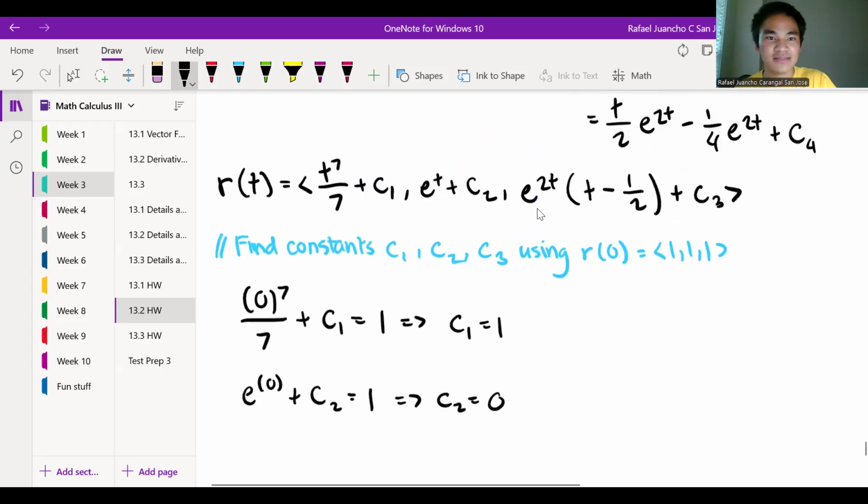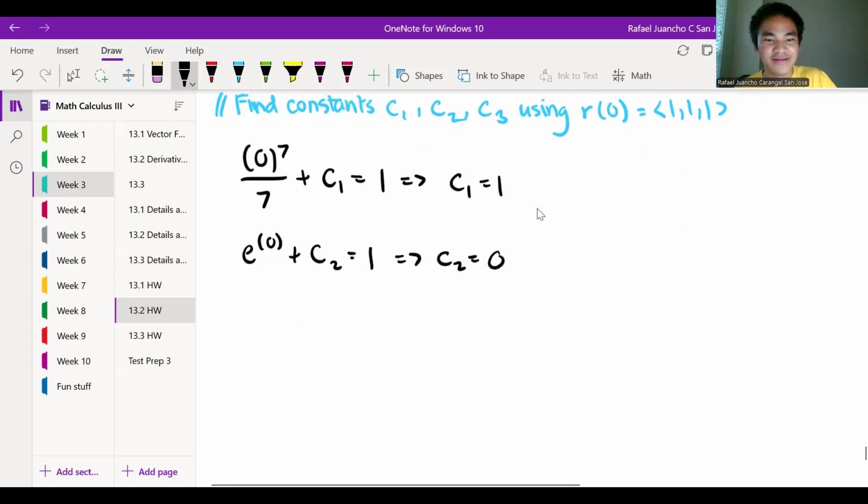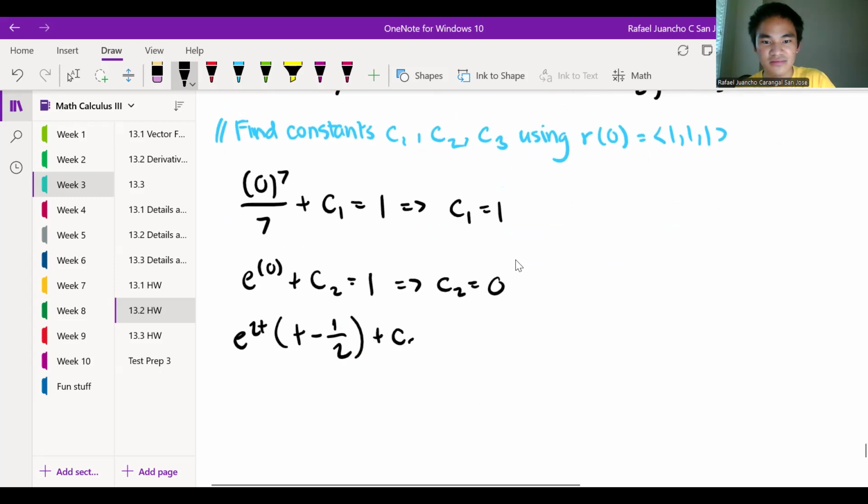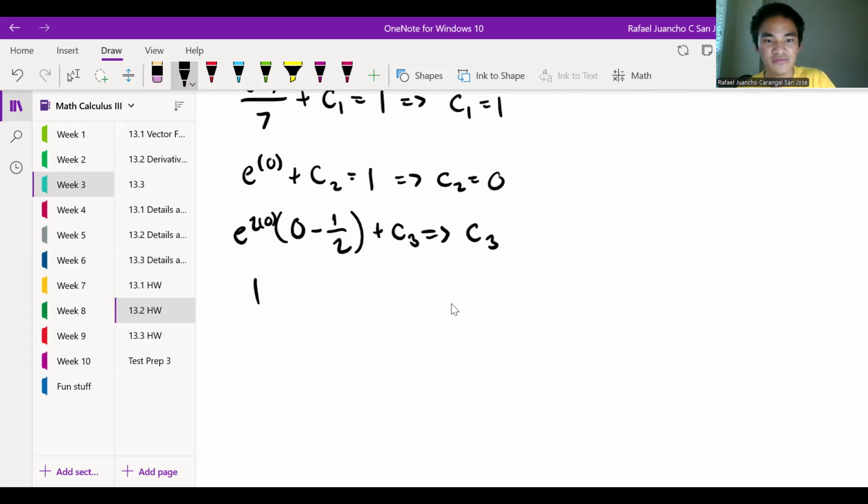And lastly, this really long integral. At least it simplified nicely though. Plus c3. And this will give me c3 is, okay, this makes it a 0. This is a 1. Oh, I forgot, this is also a 0 because this is a t. So we have 1 times negative 1/2. So that's just negative 1/2.